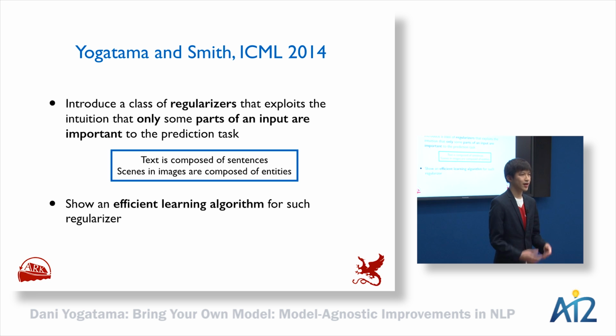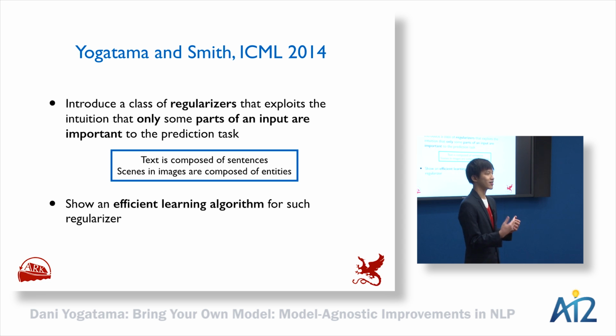But this can also be applied to computer vision. I know some of you work on computer vision here. So for example, if we want to label an image, and let's say, I know it's not as easy as detecting sentence boundaries, but let's say we know that an image consists of multiple entities, and perhaps not all of these entities are relevant to predicting the label of this image, right? So a similar idea can also be applied in that case, I think.